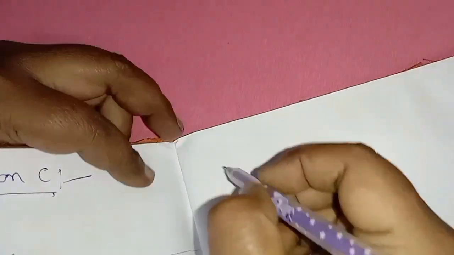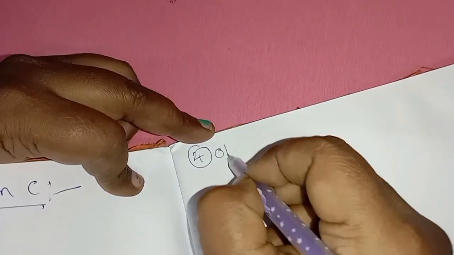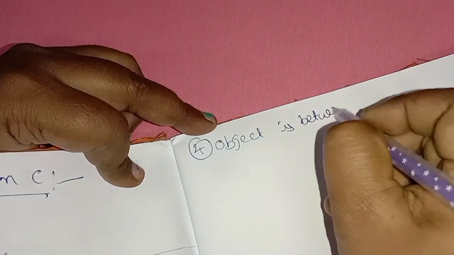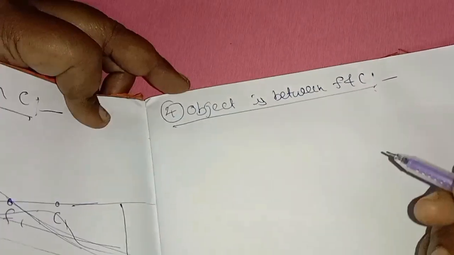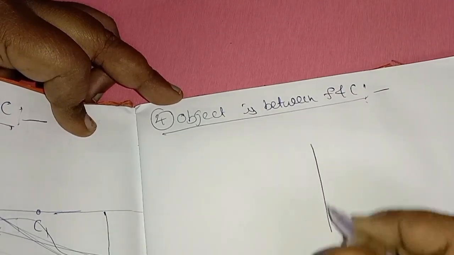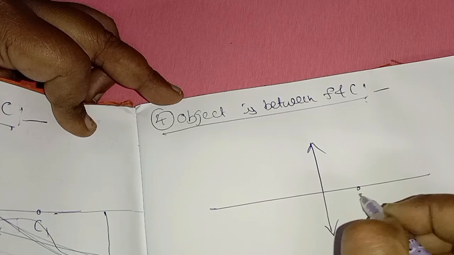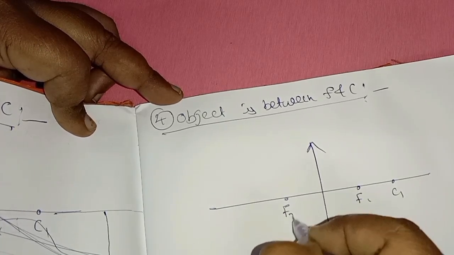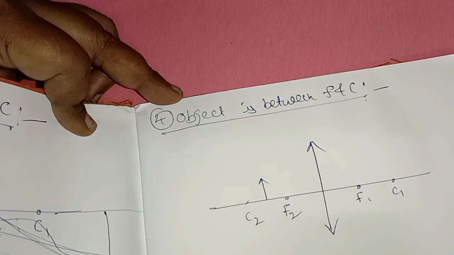Next one, when the third case is finished, fourth one, when the object is placed between F and C. So I am drawing the principal axis, F1, C1, F2, C2. The object is between F1 and C1.